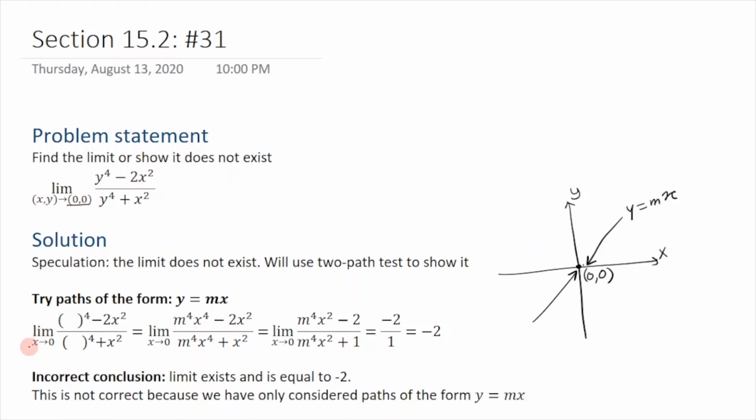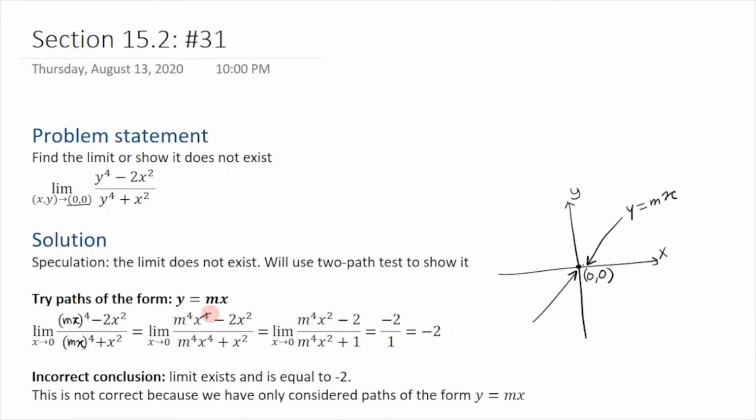So then this limit becomes this expression, which is the same thing as here, but now instead of y, we have m times x. Here I'm expanding this, I'm getting m to the fourth x to the fourth, and same thing here. Let's cancel x squared on numerator and denominator.